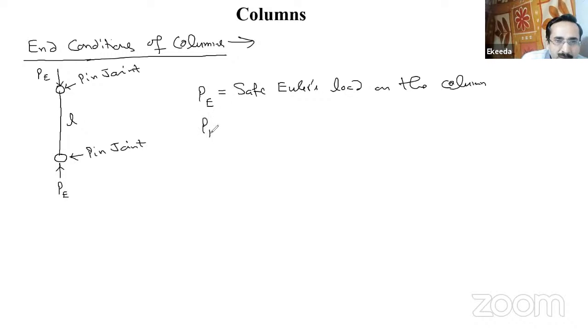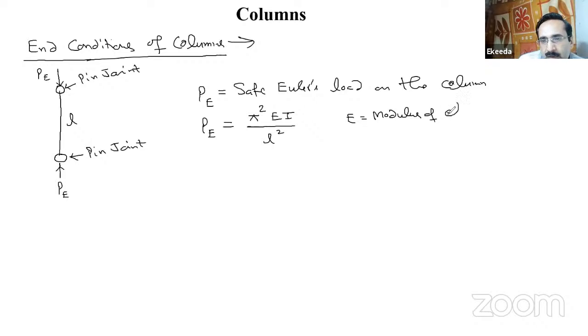For the pin joint, this is given by, we are not deriving it here, although there is a derivation, but we are taking the direct formula, pi square EI upon L square. L is the length of the column. E is the modulus of elasticity.